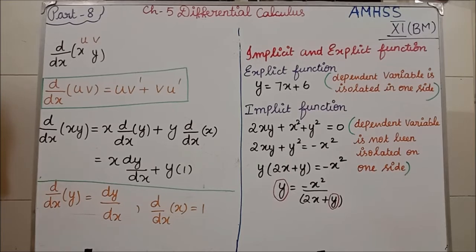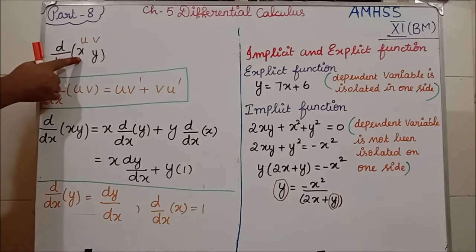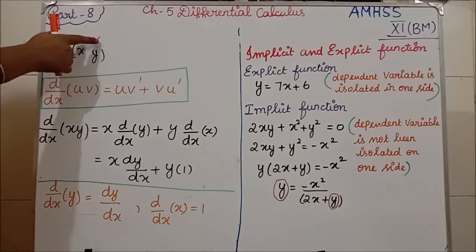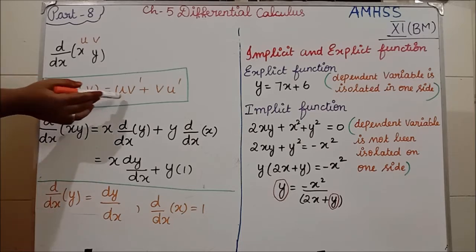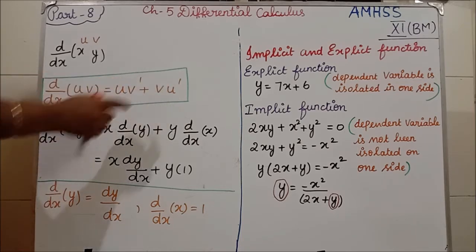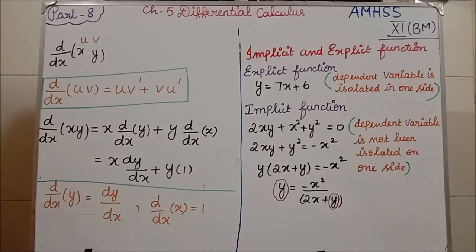Implicit function means we have to differentiate x as well as y. Now we take x as u and y as v, and we go for the product rule. What is the product rule formula? d by dx of uv is equal to uv dash plus vu dash. That is our product rule.